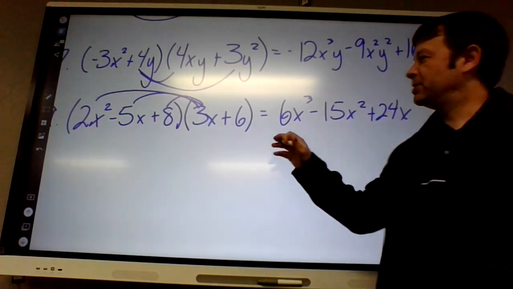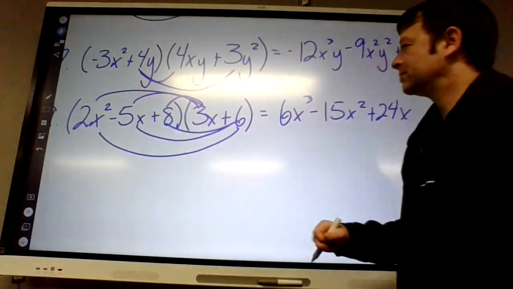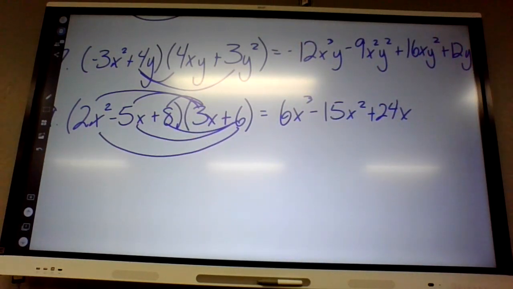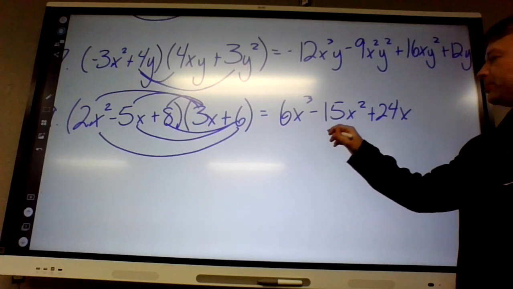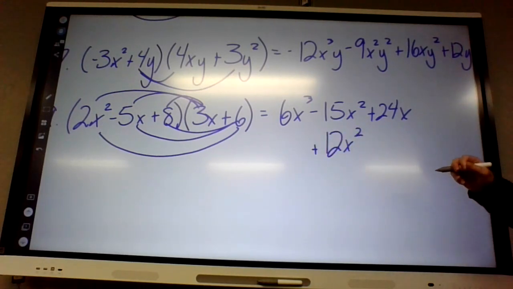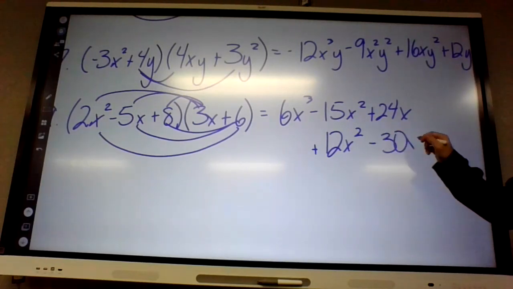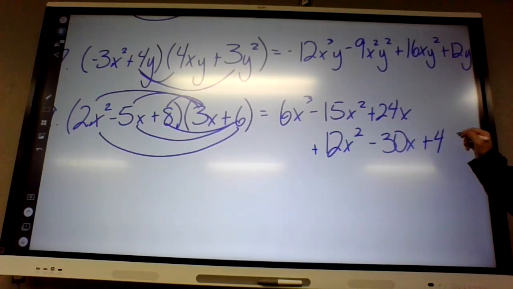And then this, now we're on to the 6. 12x squared. Okay, I'm gonna put that right here. I guess I'll put a plus too. All right. Next, minus 30x plus 40. That's actually 8 right there. All right.